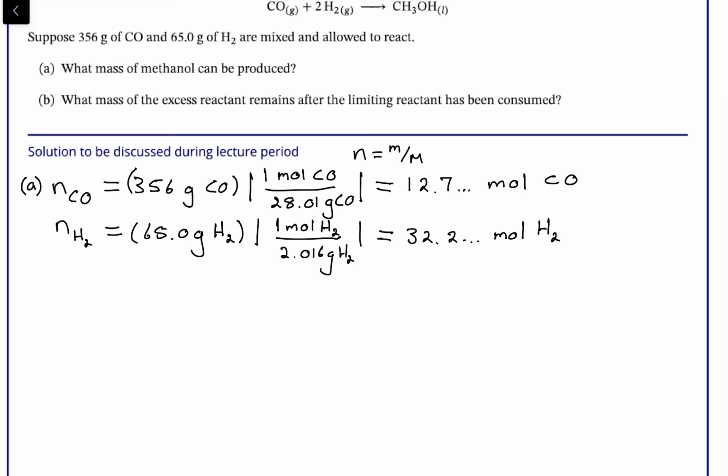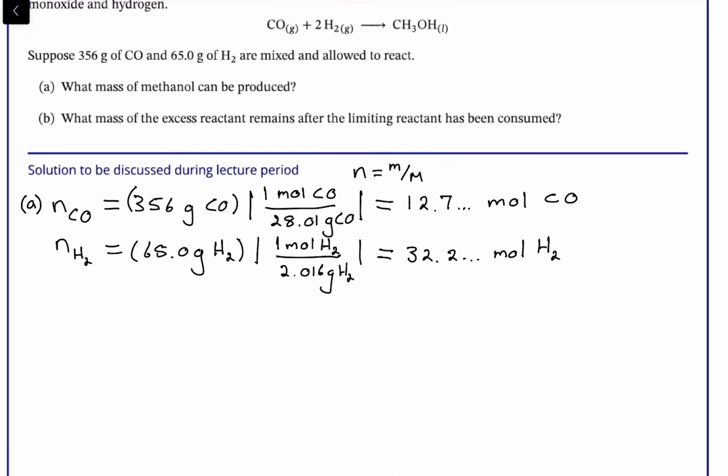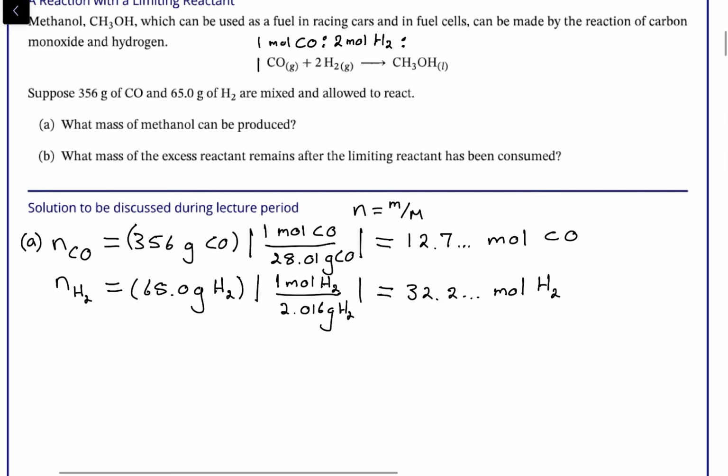there's a couple of ways that you can determine the limiting reagent. But let's remind ourselves of a couple of things first. We have the chemical reaction, so that gives us the ratio. So we know that 1 mole CO reacts with 2 mole H2, which forms 1 mole of methanol.